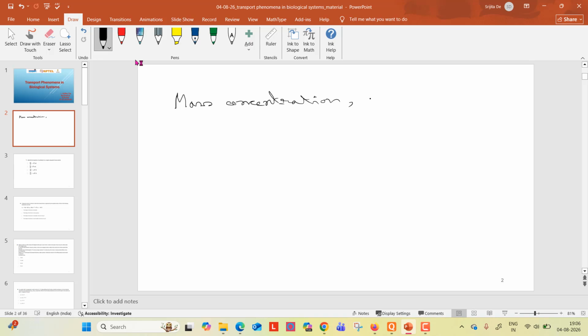In the fluids world, we tell it as density, so you can write it as rho, and we know that it is m by v. That means it is the mass per volume, right?